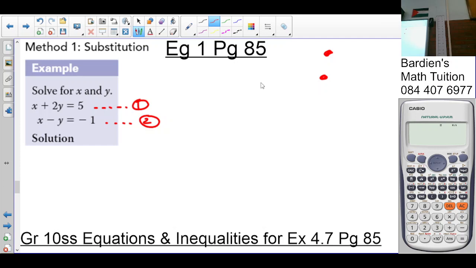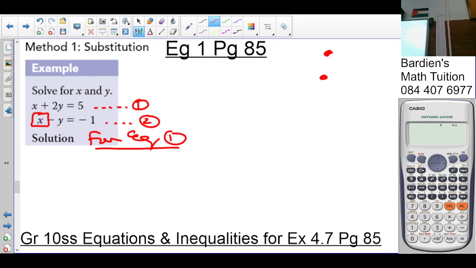Okay. So from equation 1, you see I'm taking from the equation 1. Then I write from equation 1. If I was going to make x the subject from equation 2, then I would have written from equation 2.